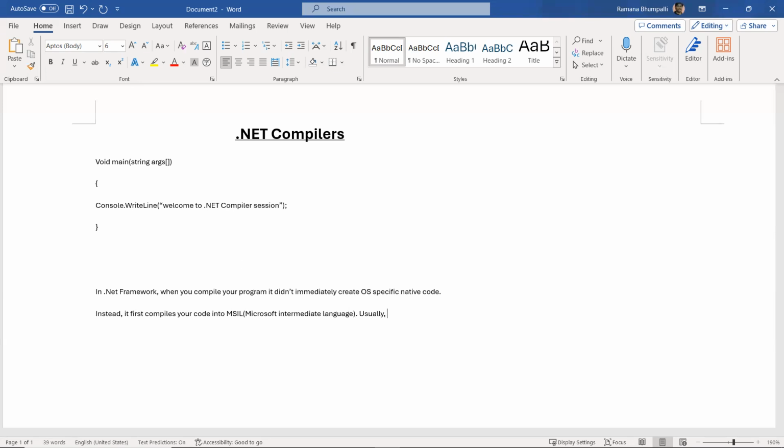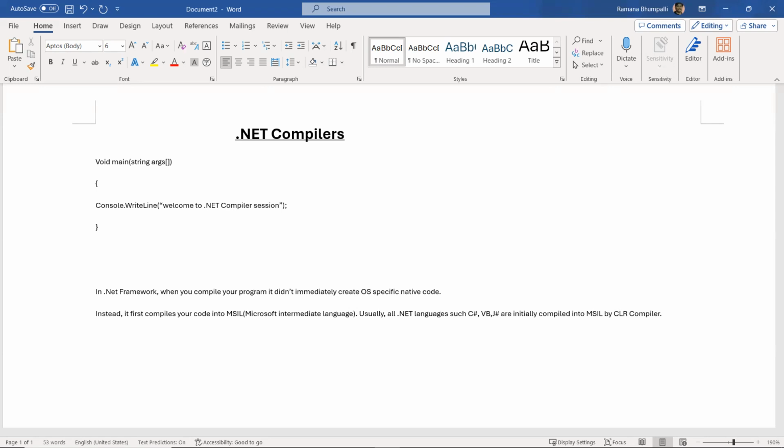So usually all .NET languages like C#, VB.NET, and F#, or J#, are initially compiled into MSIL by the CLR compiler.